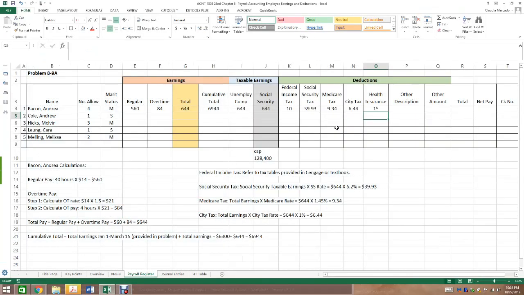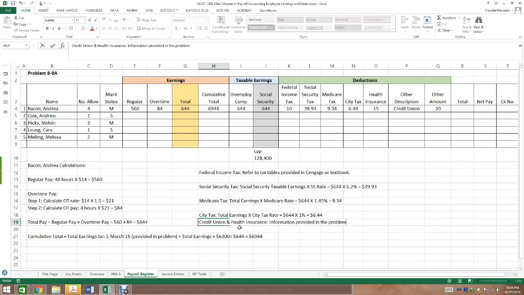Under other, I'm going to put credit union. That way I know what they're putting their money for, and they're investing $20. So for the credit union and health insurance, that is information provided in the problem.